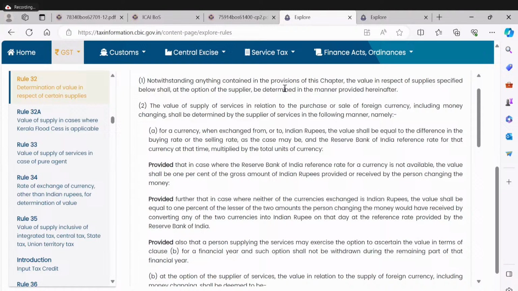So let us see the provision of Rule 32, Sub Rule 2, Clause A. First of all, we'll start with Sub Rule 2 only. The value of supply of services in relation to the purchase or sale of foreign currency, including money changing, shall be determined by the supplier in the following manner.